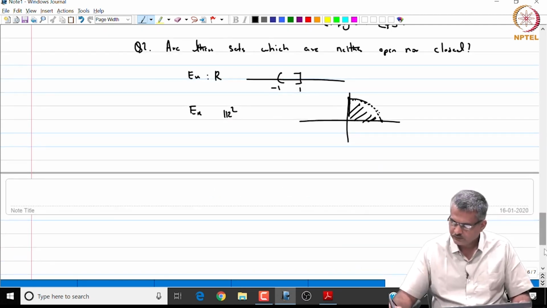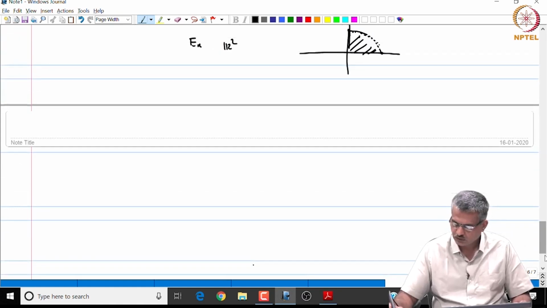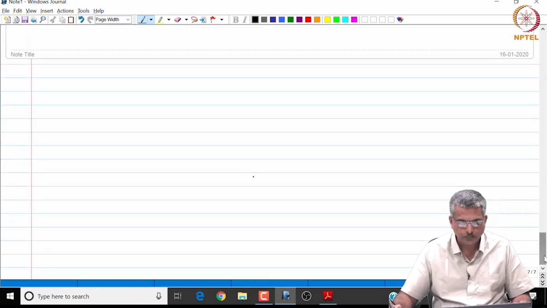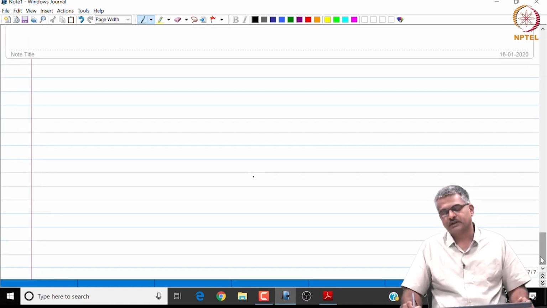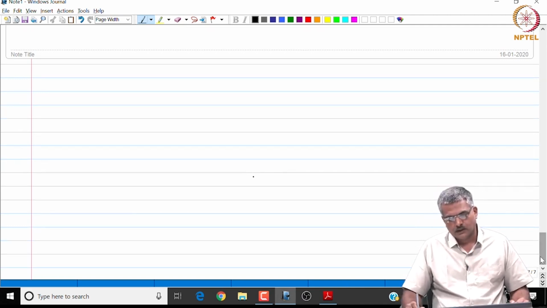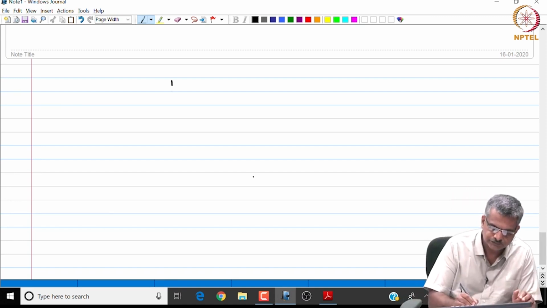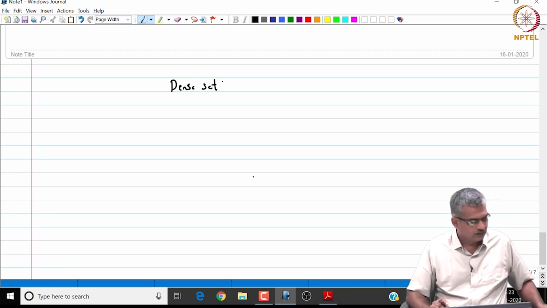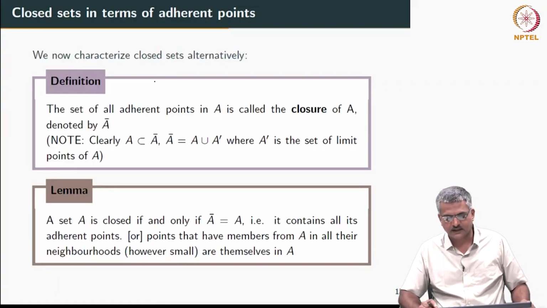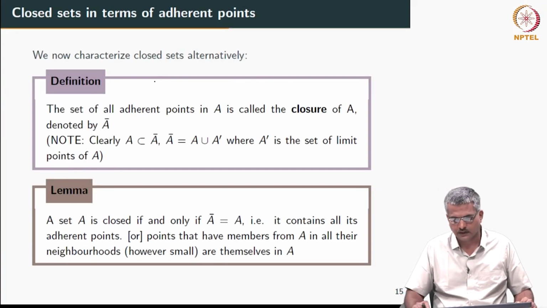So we have now seen the notion of open set, closed set, compact set, bounded set. There is another notion called the notion of dense set. This is motivated by a well known result in analysis which says that the rationals are dense in the real numbers.